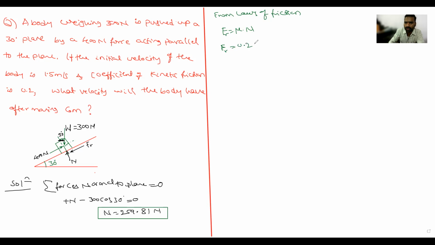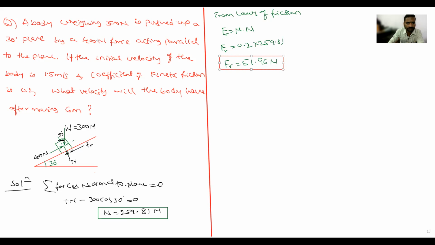Mu is given as 0.2, and N is calculated. So what is the value of friction? It is 51.96 Newton. So this is the value of friction.